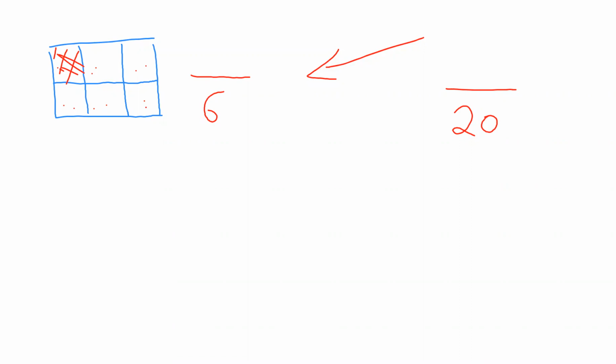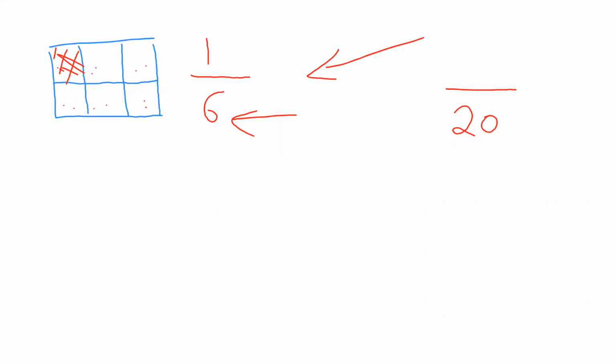The denominator is already done because this is the total number of squares. Exactly, Zena, thank you very much, excellent. I shaded only one square, so this will be 1/6. By the way, if you want to give me the answers in the chat, no problem, just send it, okay?